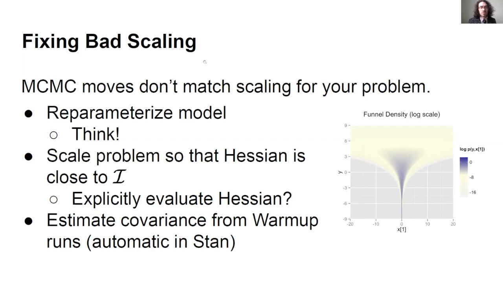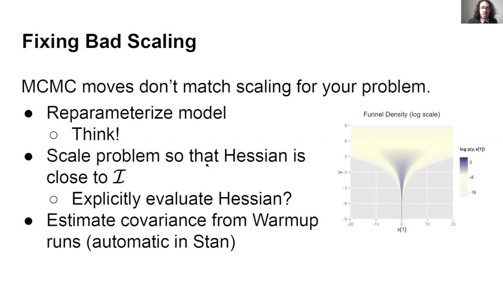So the first thing you should do is think about the way you've parameterized your model. For instance, if you expect normal variation in a variable on a log scale, not on a linear scale, then you should probably have the log of that parameter as your input to your model.